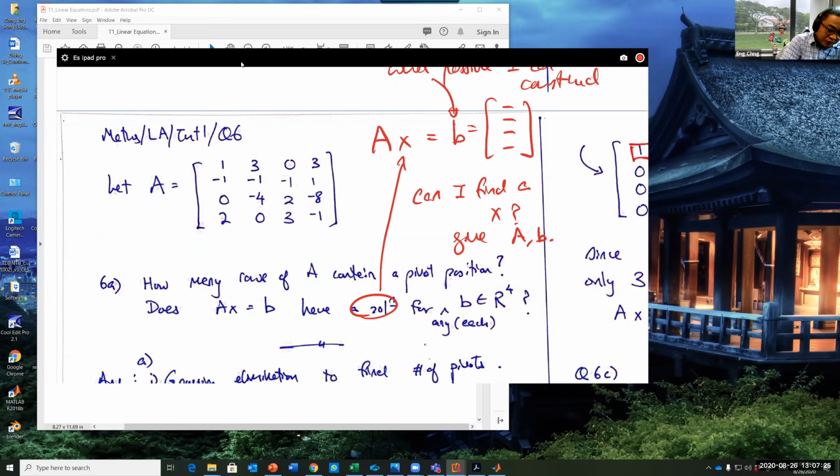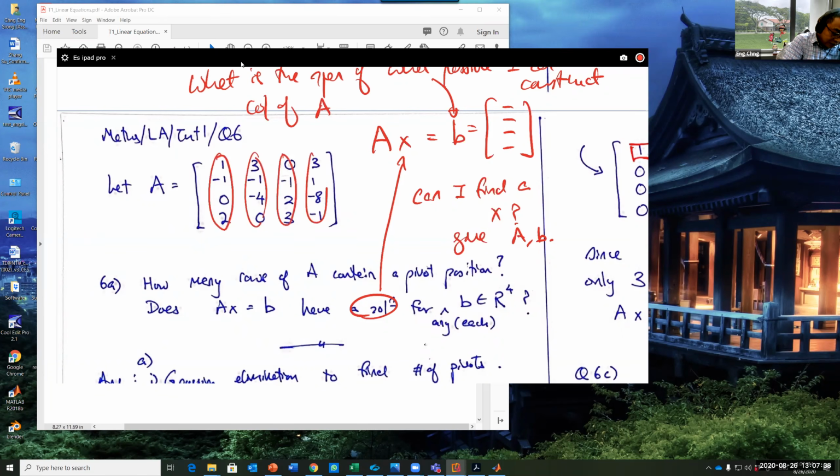Then this question is exactly the same as, what is the span of the columns of A? So I take this guy, this guy, this guy, and this guy, and find the span of these 4 vectors. If I can find the span of these 4 vectors, then I know where all the B's can land.